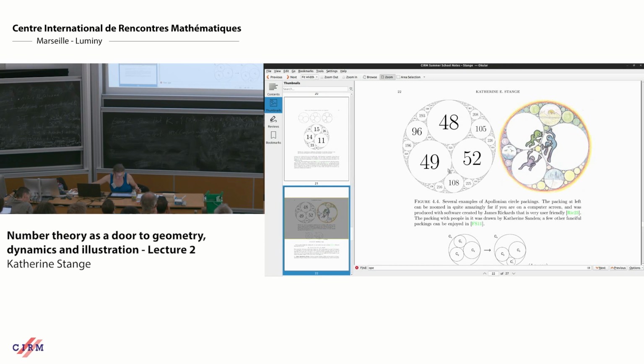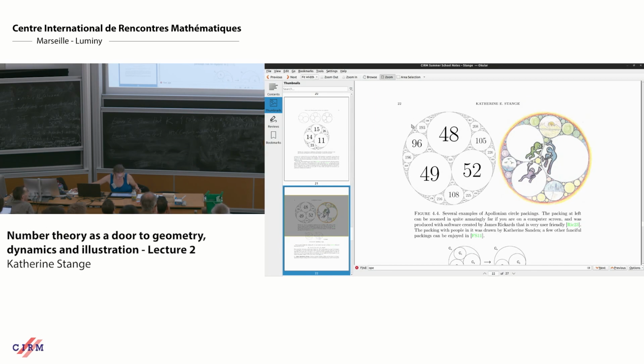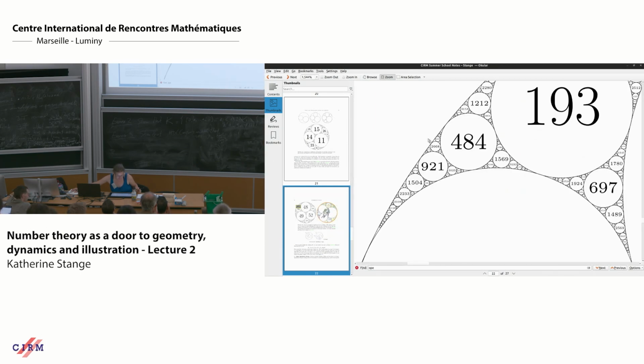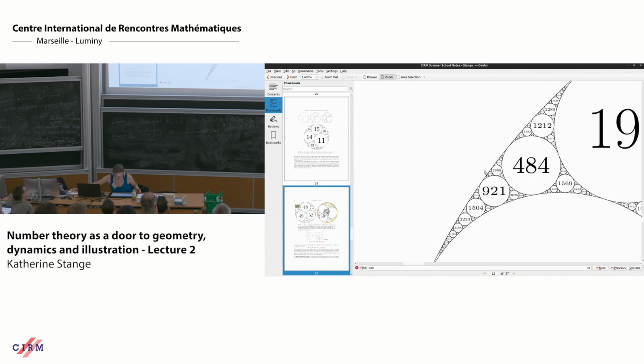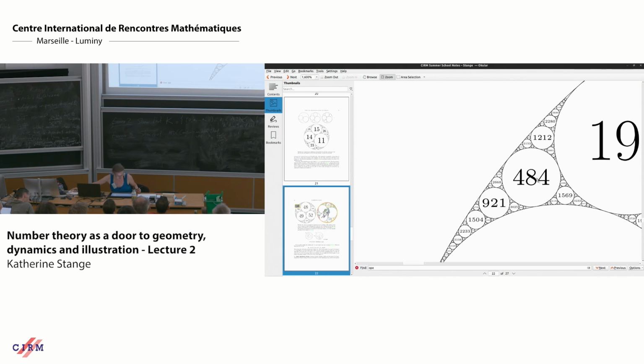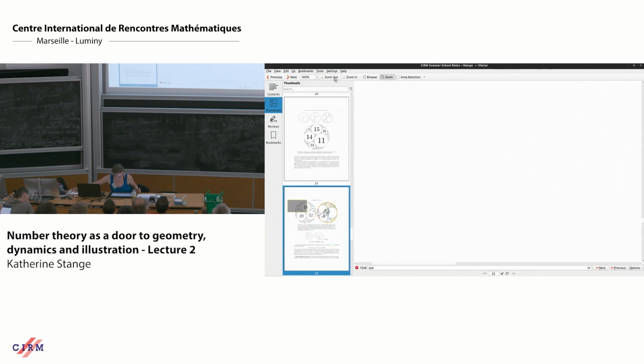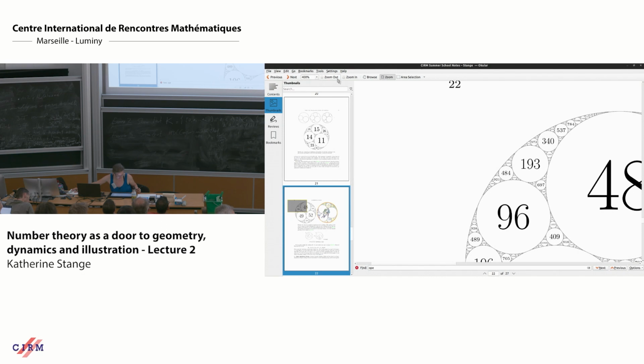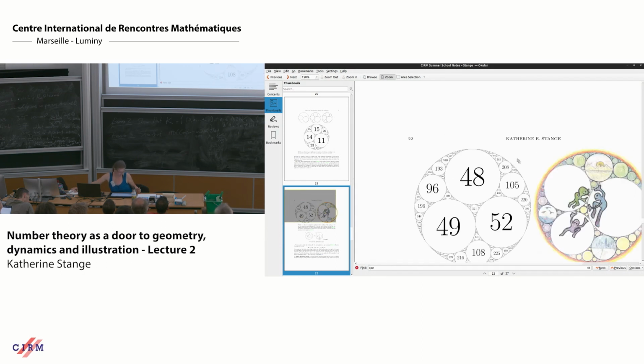You can actually zoom in on this packing, and it's a PDF. So you can enjoy all of those little curvatures, and you can set it to as many curvatures as you're willing to have your computer do. It's just very enjoyable. So if you want to enjoy some Apollonian circle packings, you can play with that.